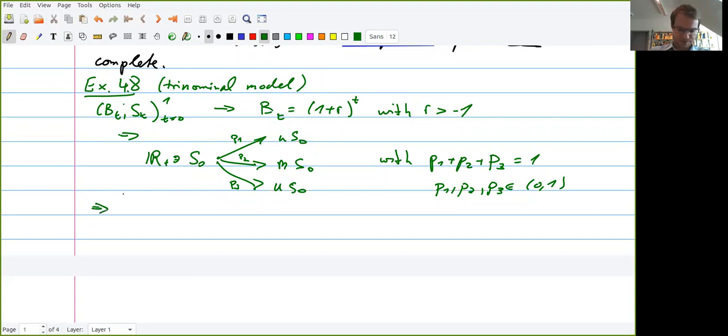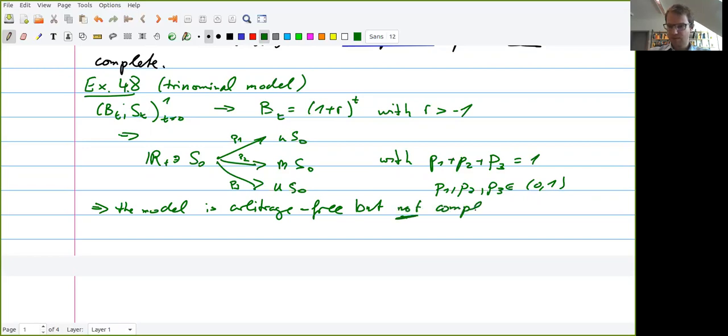So here you can see the model is arbitrage free, right? This can be ensured easily by a similar condition as we have seen in the binomial model, but not complete, by the argument that we have 3 equations and 2 unknowns.